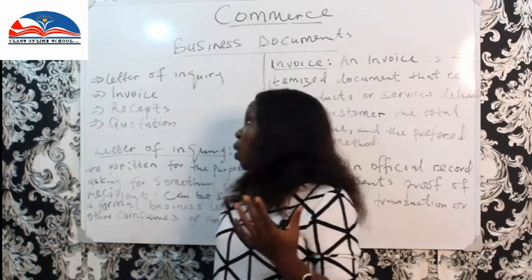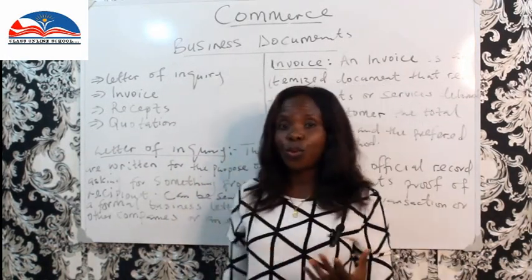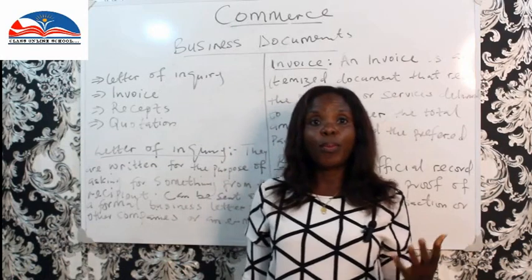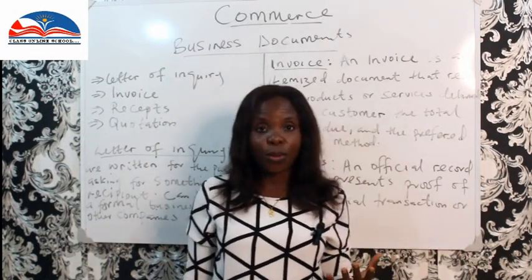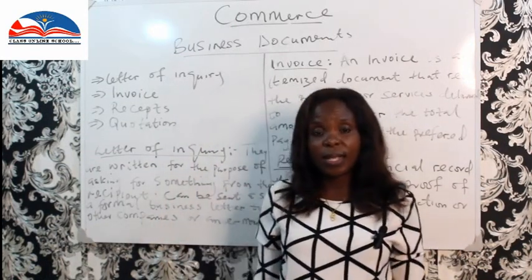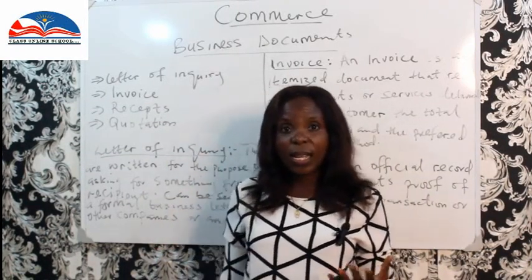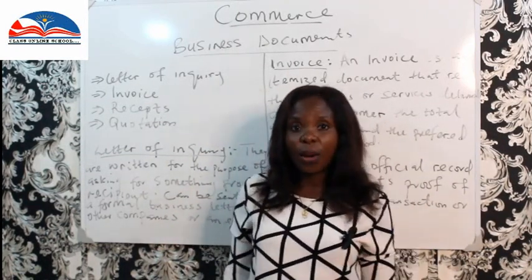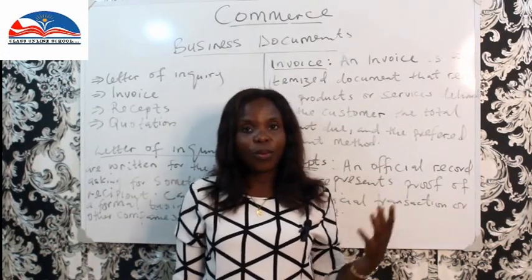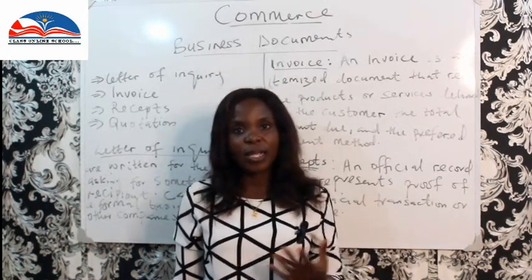So you see, quotation tells you the product the company owns and sells, the price they sell it, at what quantity they sell it, what discount they can allow. All of these are found in the quotation that is sent to you.